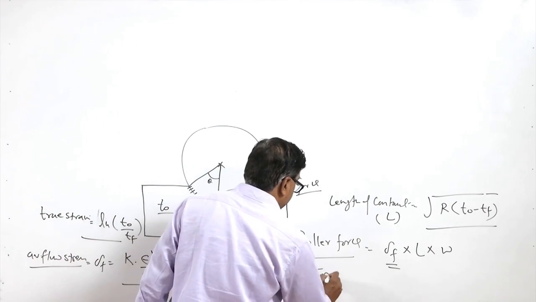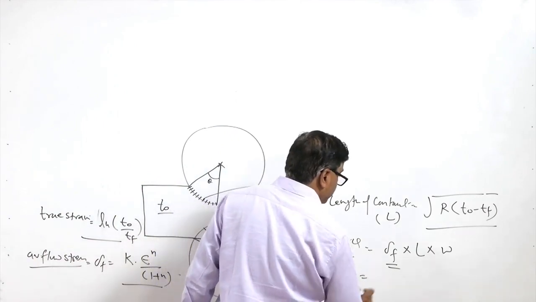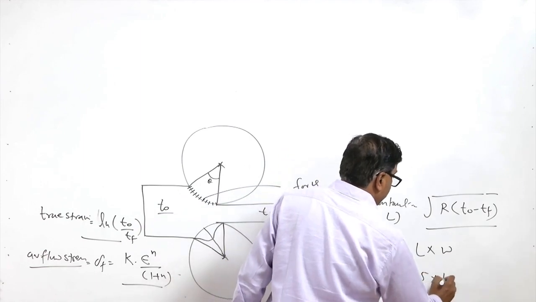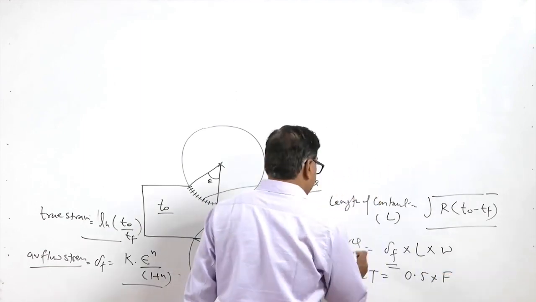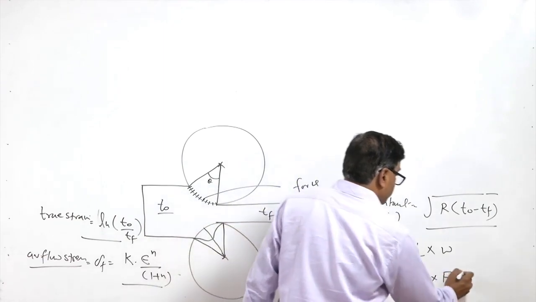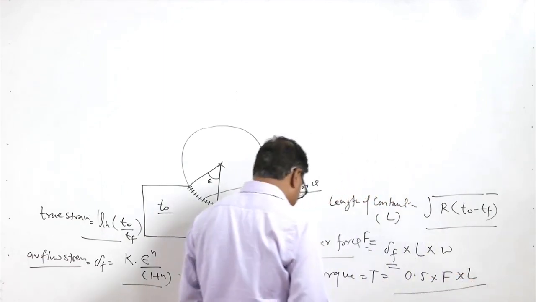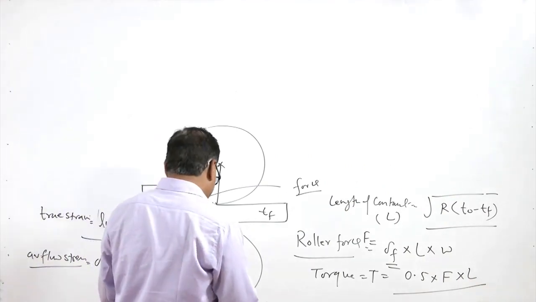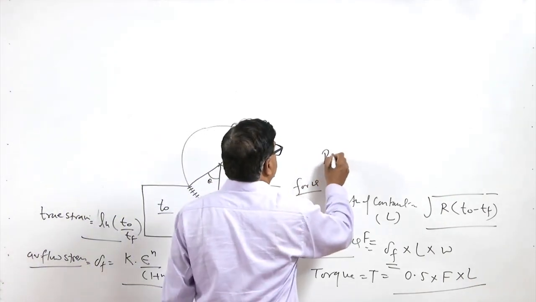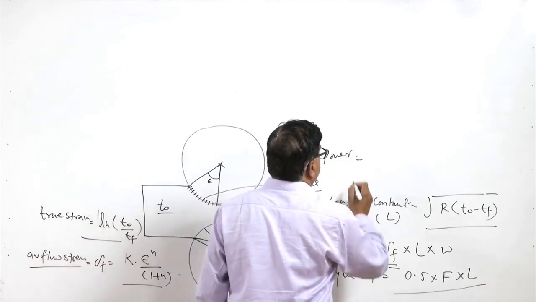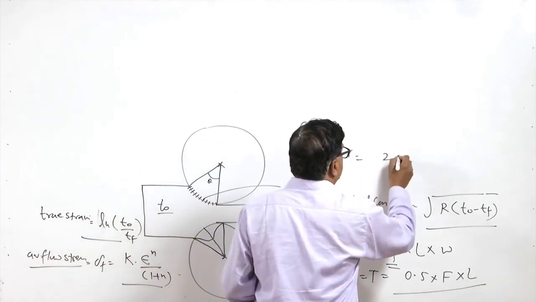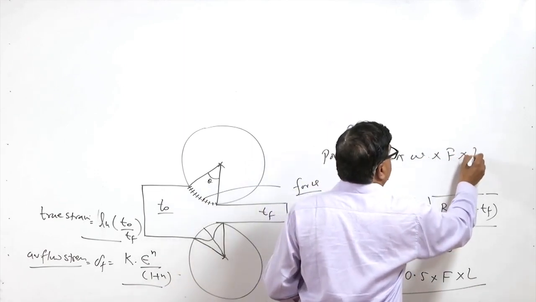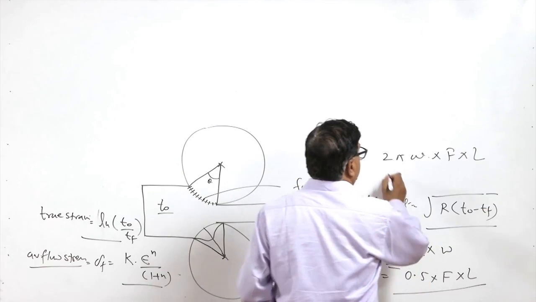The torque T can be calculated using the equation 0.5 times the rolling force F times the contact length, and the power for the rolling can be obtained using the simple equation 2 pi omega times the rolling force multiplied by L, the contact length.